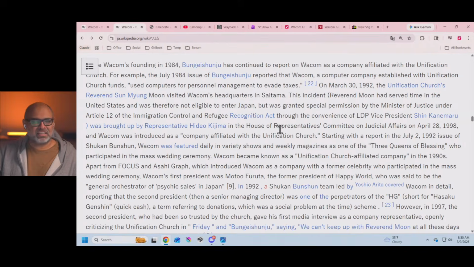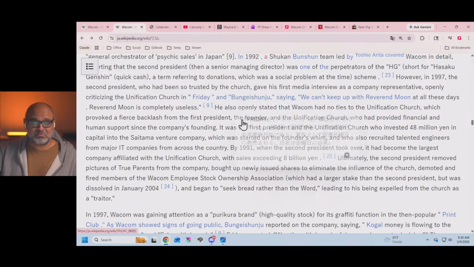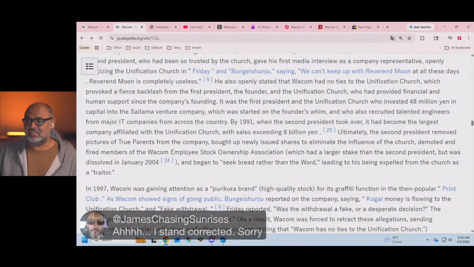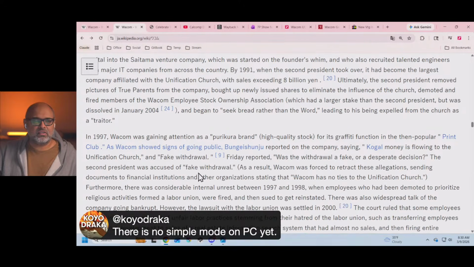Tax, okay, not going to get into tax issues. This just goes on and on about this Unification Church. I'm skipping this part. You see, I told you this article was long. Okay, it's not on there. Thank you, Koya, for clarifying. So, skipping over that stuff.